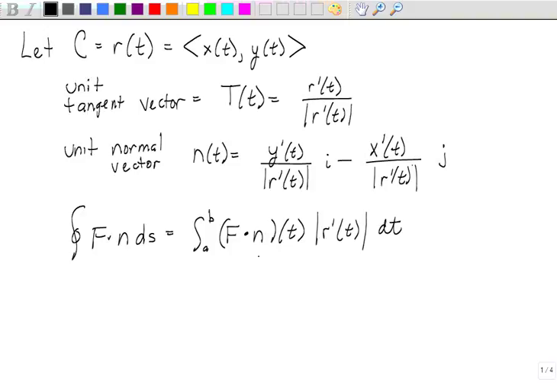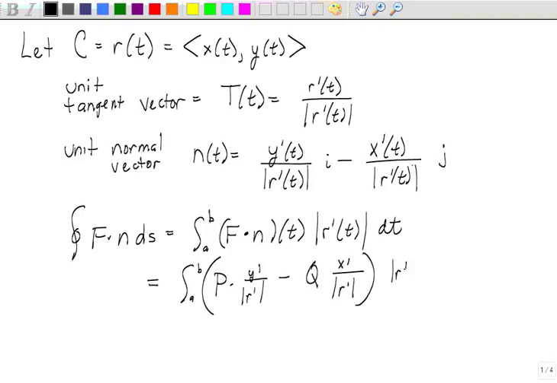Then that's equal to the integral from a to b of P times y prime over the magnitude of r prime minus Q times x prime over the magnitude of r prime, dt.